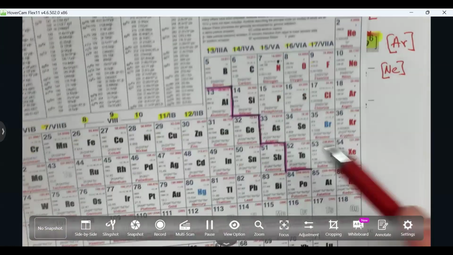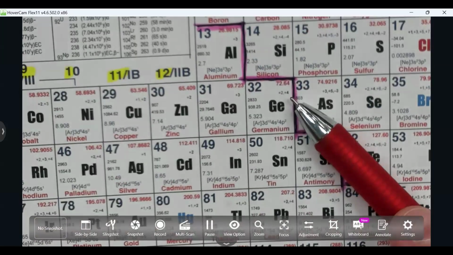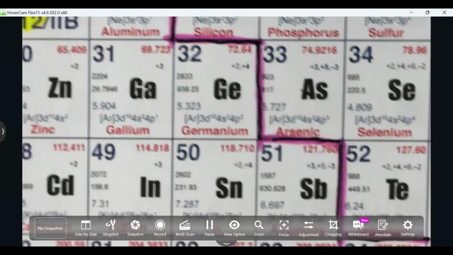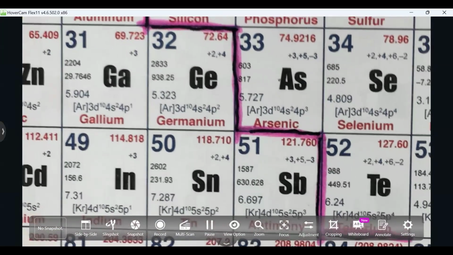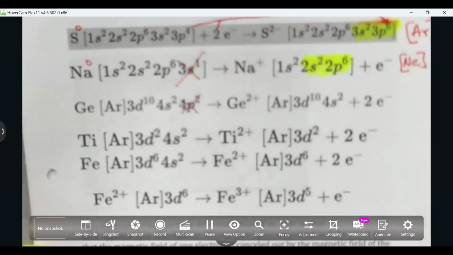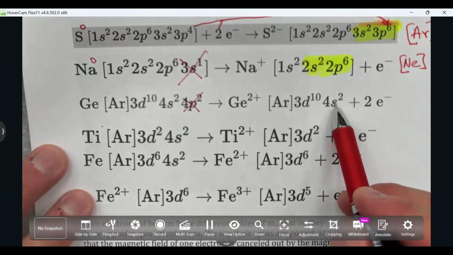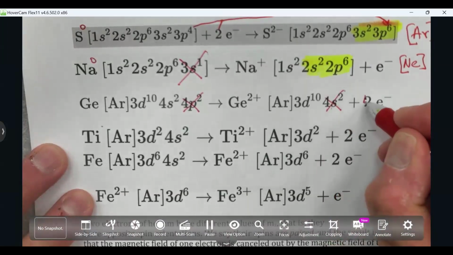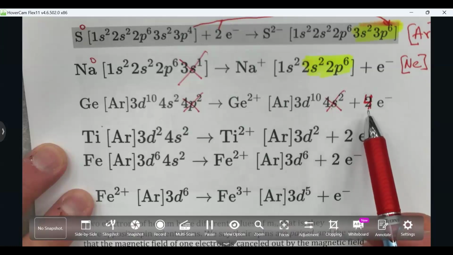So if I look at germanium on here, if I can zoom in or just hold it up, I guess. 2 or 4, yes? Which one's bold? 4, right? So what it usually does is it gets rid of this one as well. And if it gets rid of this one, we would change this to a 4, and we'd have germanium with a +4 charge.